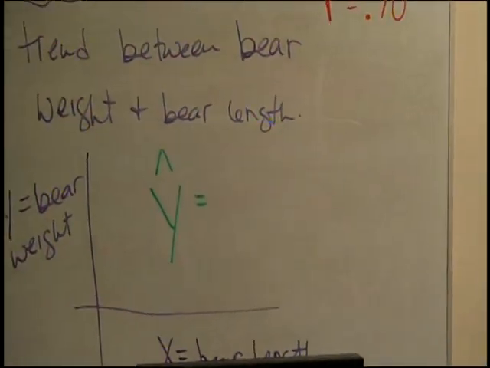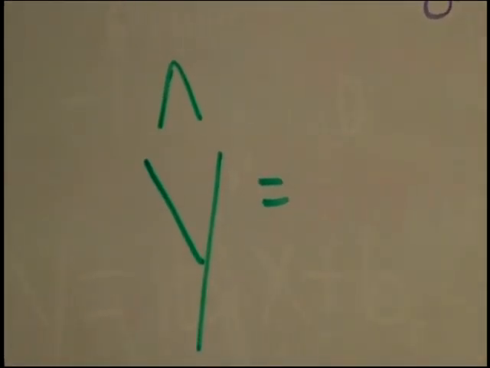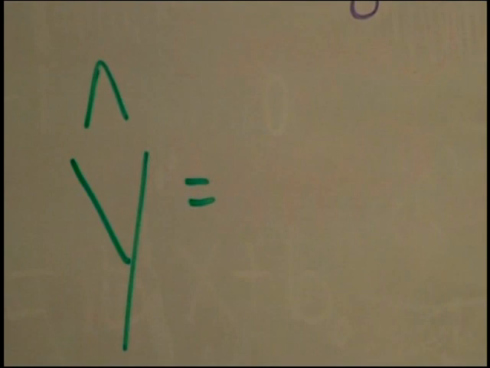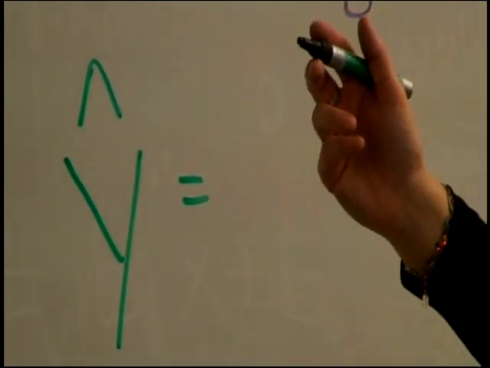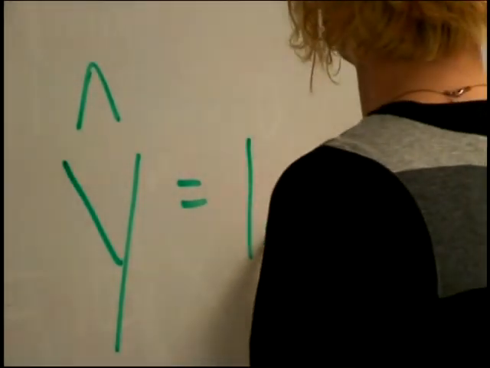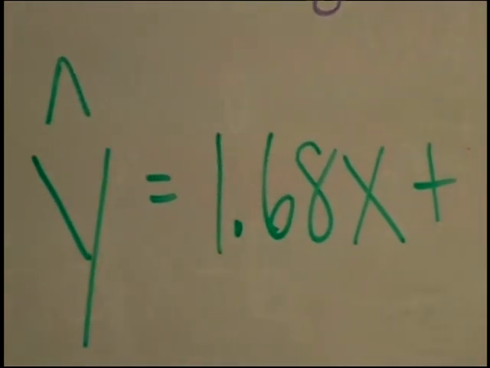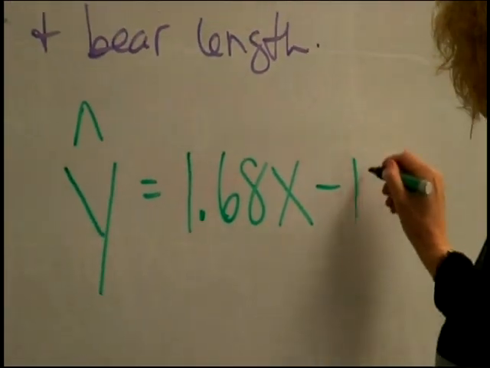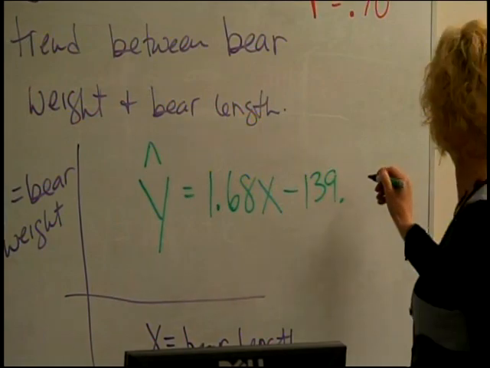Something that is being predicted in statistics wears that little pointy hat, the little dunce cap. So Y hat equals 1.68 X plus, oops, actually that's a negative, minus 139.95.